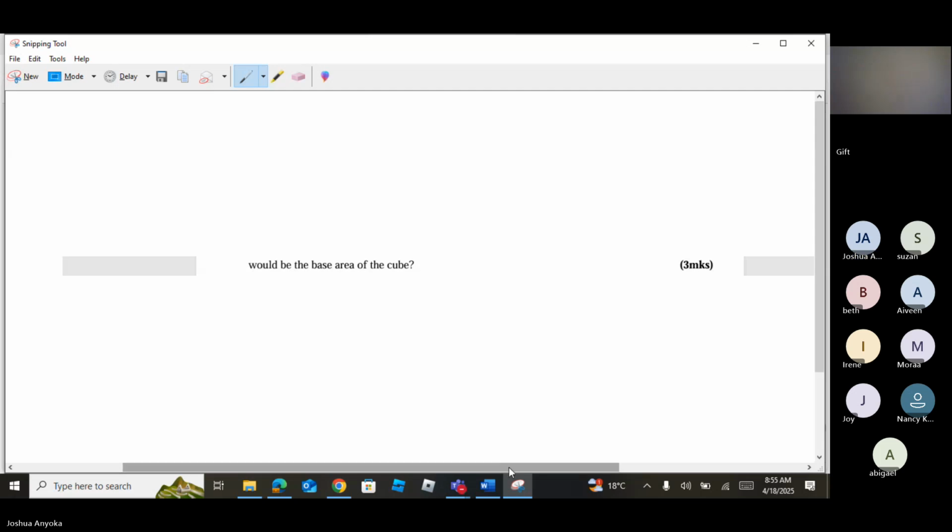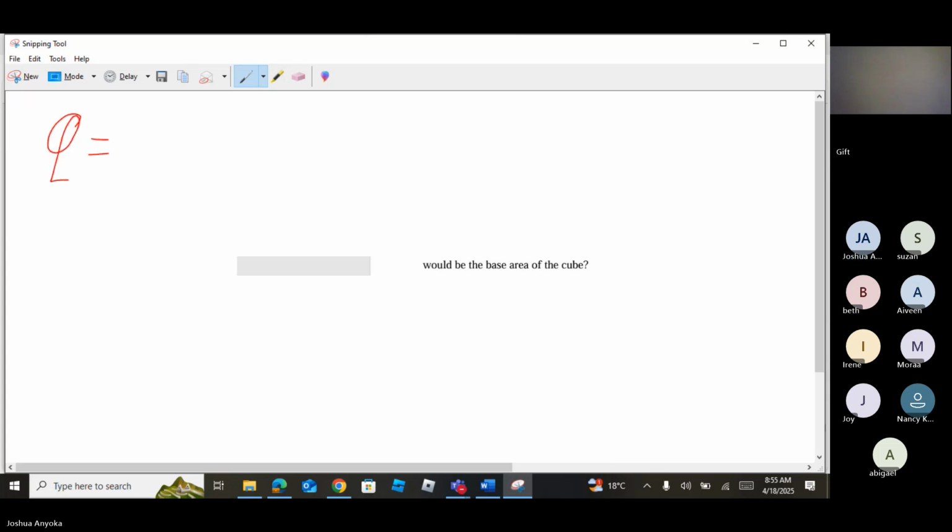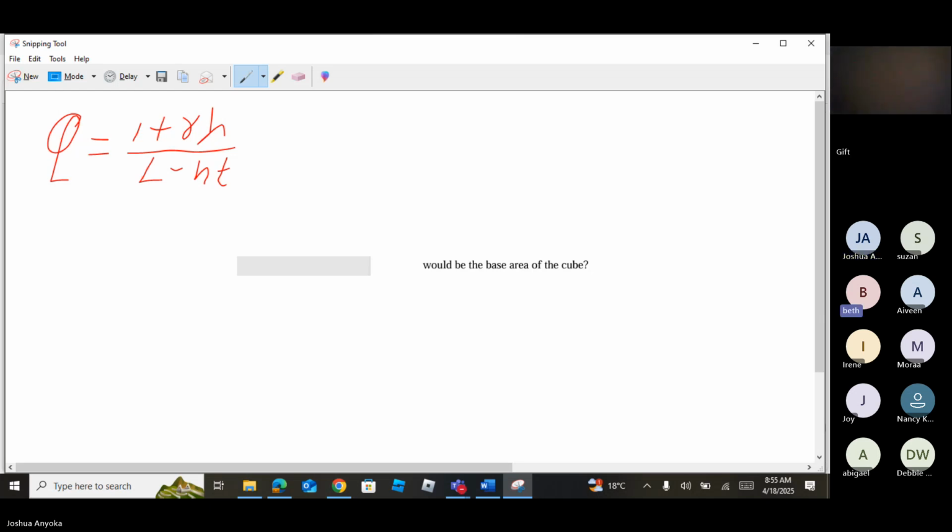Q is equal to 1 plus RH over L minus HT. What are you making the subject? H.